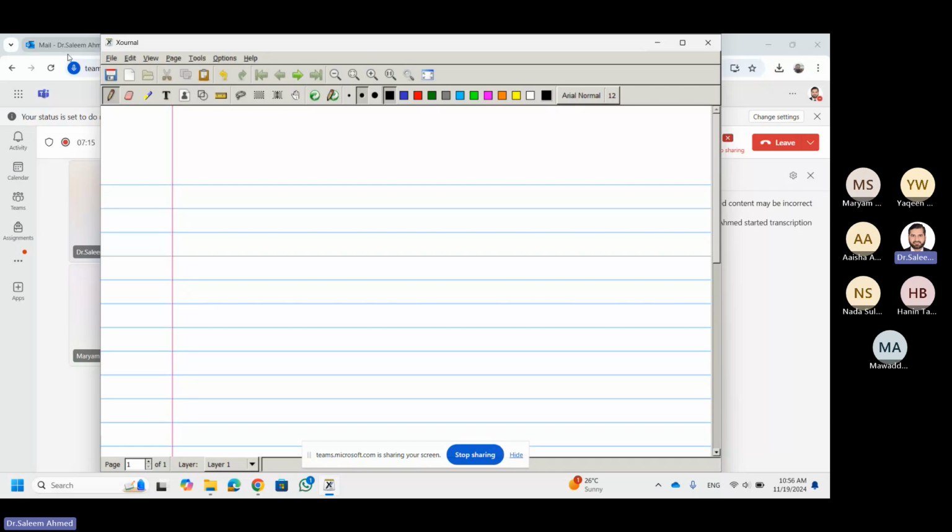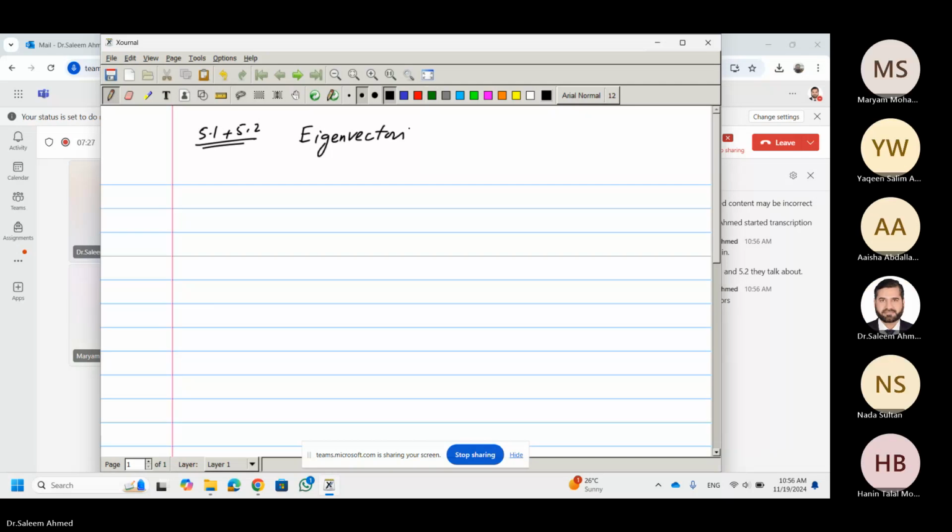All right. So in section 5.1 and 5.2, they talk about eigenvectors and eigenvalues.